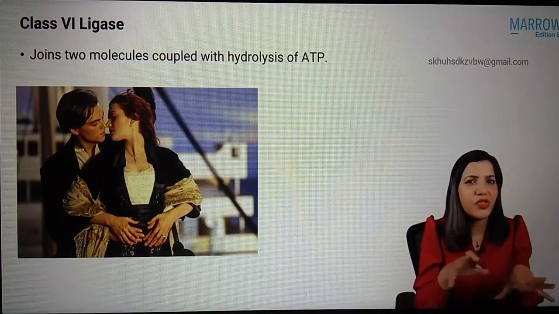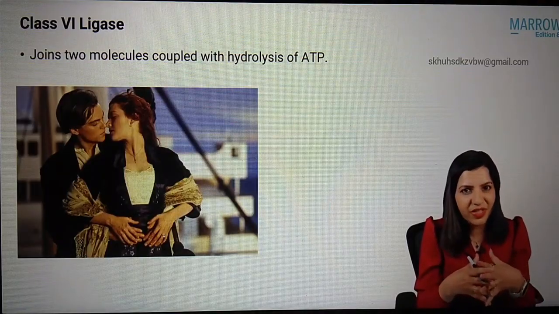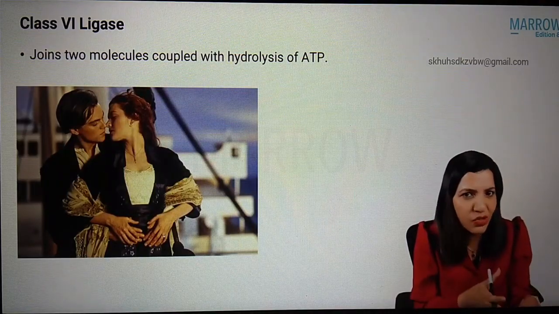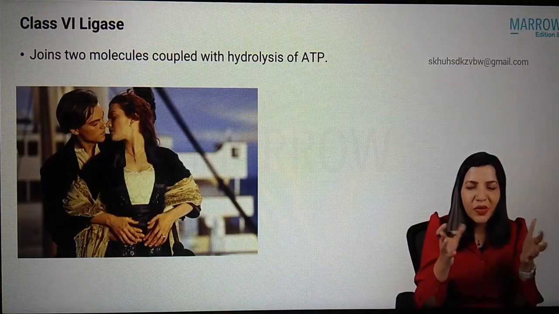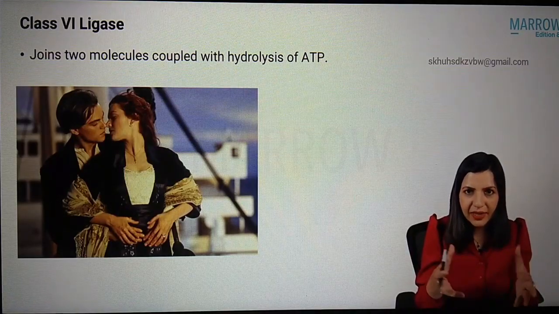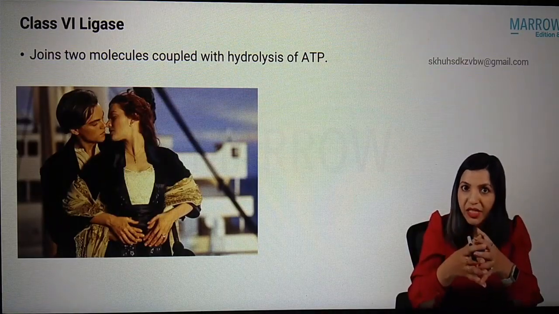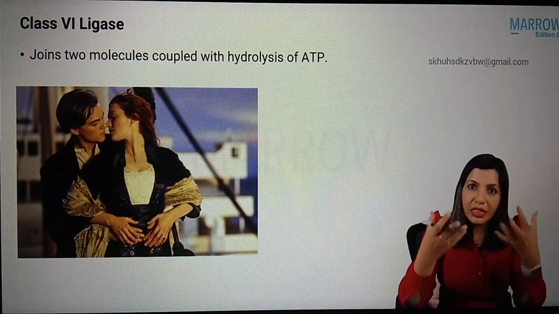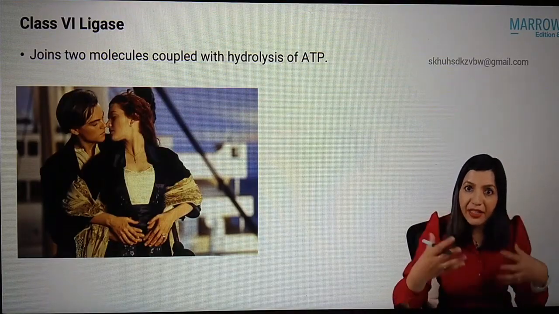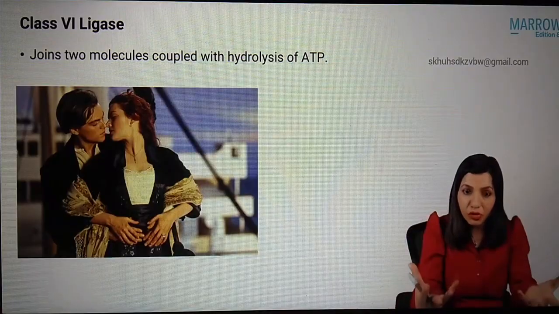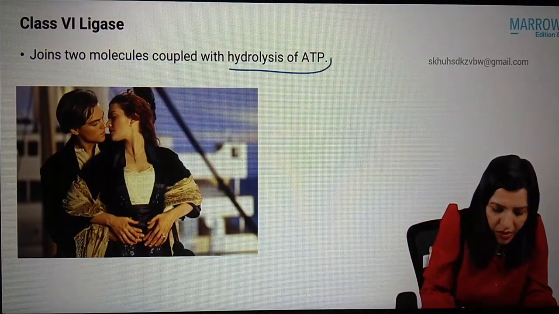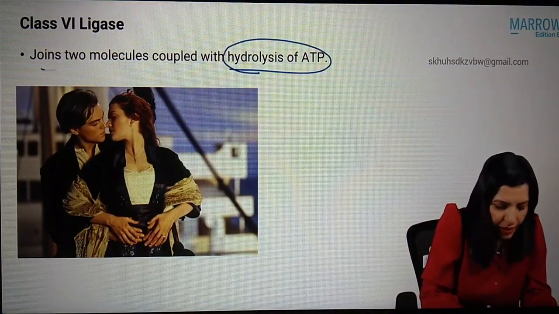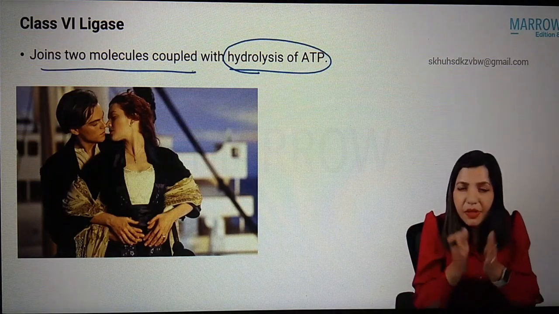It was not a simple joining of two substrates. Just like that, in the case of ligase, it is joining of two substrates with the involvement of hydrolysis of ATP, where the energy from the ATP is used. So the two substrates are coupled together.